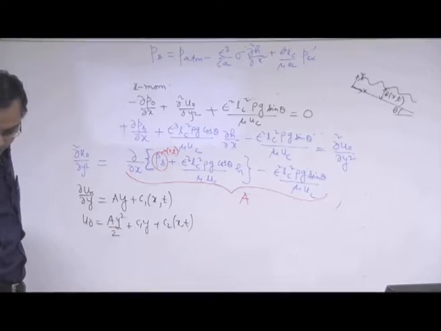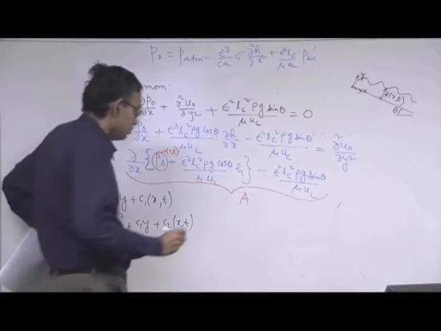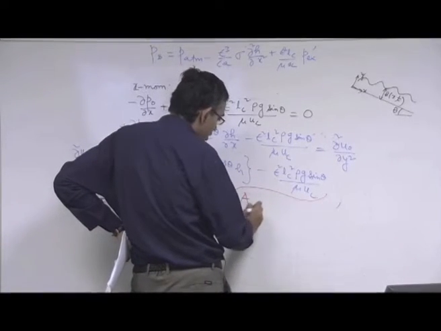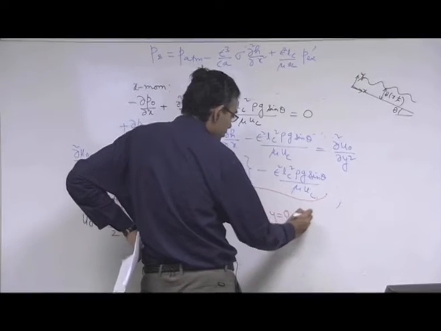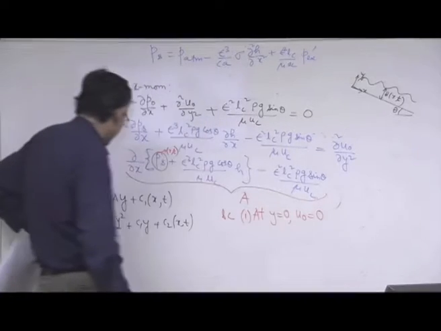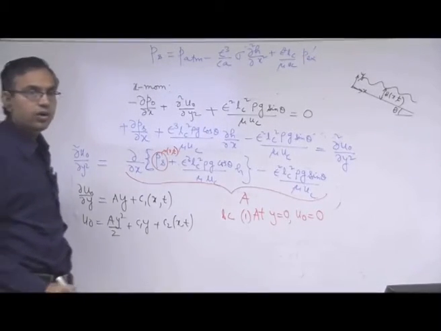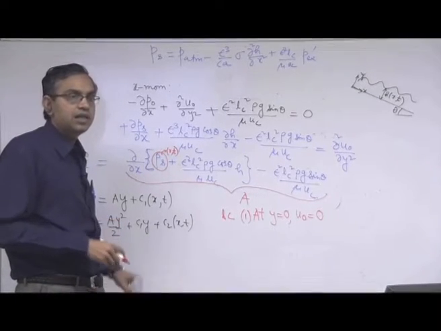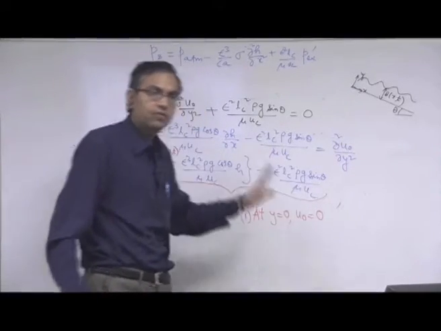So what are the boundary conditions? At y is equal to 0, u0 equal to 0. This is the straightforward no slip boundary condition. If there is a slip boundary condition, instead of this you apply the slip boundary condition, straightforward.